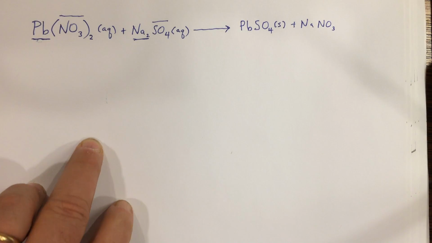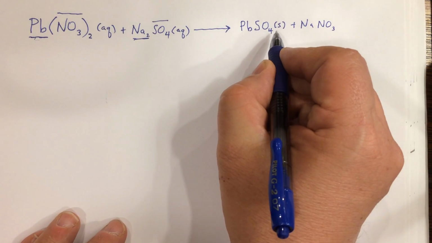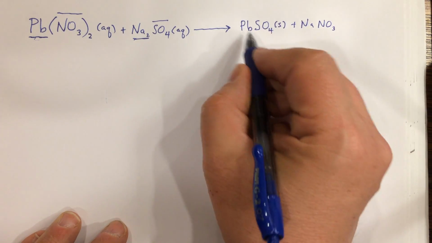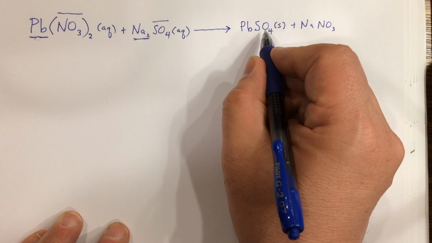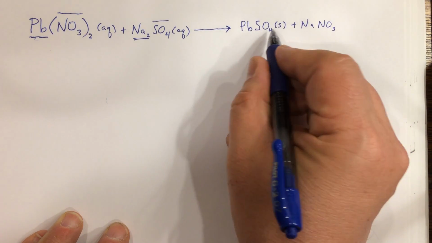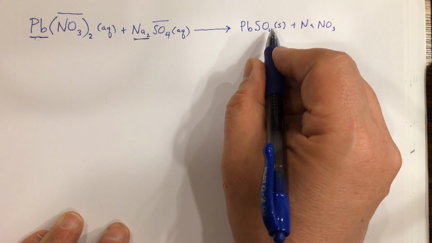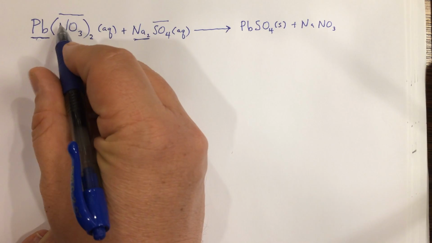Now the first thing that we're going to have to do is see if this is actually the formula for this molecule. Sulfate, if you remember, is a -2, and lead would have to be a +2 in order to balance. So let's look and see if that was a lead 2. Let's come back here. Nitrate, remember, is -1.